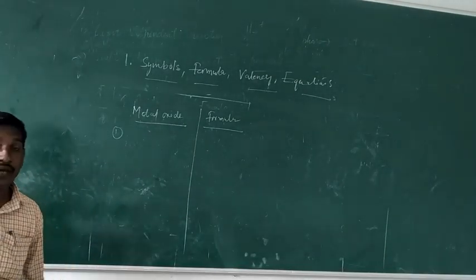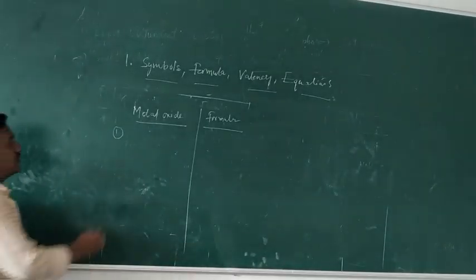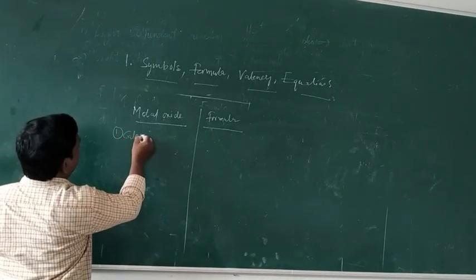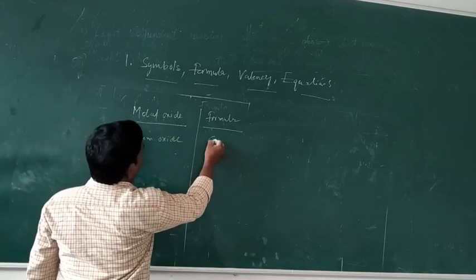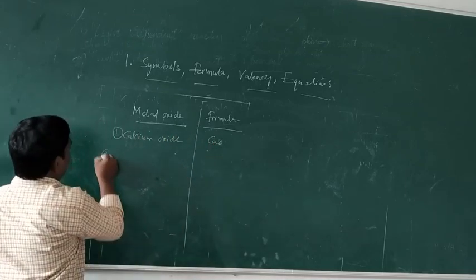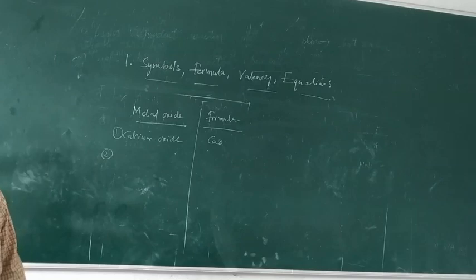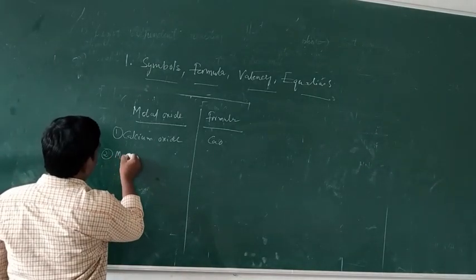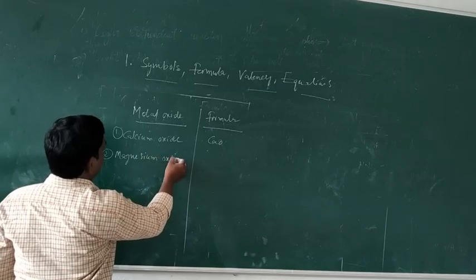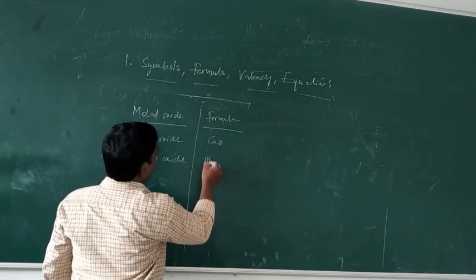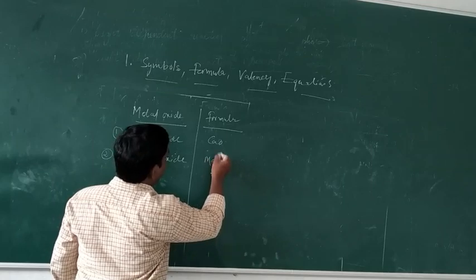Calcium oxide, magnesium oxide. Calcium oxide means CaO. Next, magnesium oxide, MgO, also called ash.